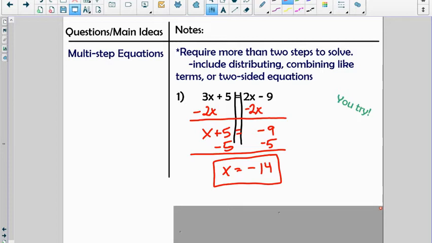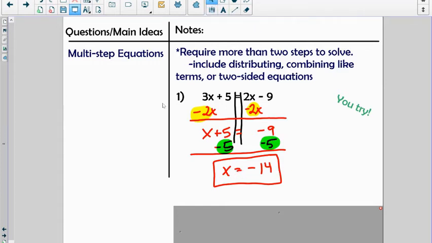You'll notice on this one, I decided to subtract 2x from both sides as a way of moving the variables to the left. Since I moved the variable terms to the left-hand side, I decided I wanted to move the constant terms then to the right-hand side. So I wanted to undo the plus 5. I subtracted 5 from both sides to get x by itself.